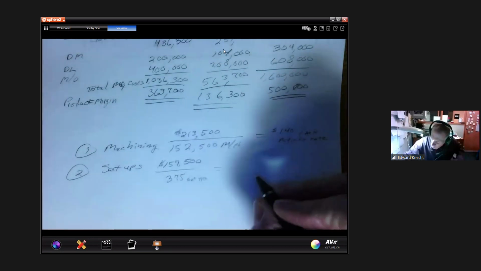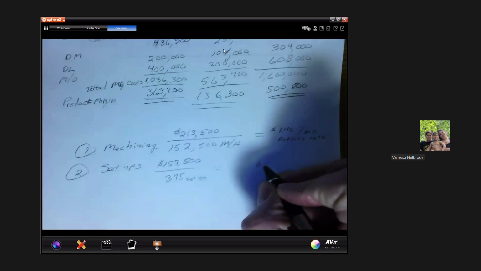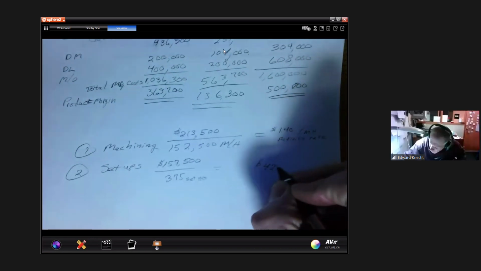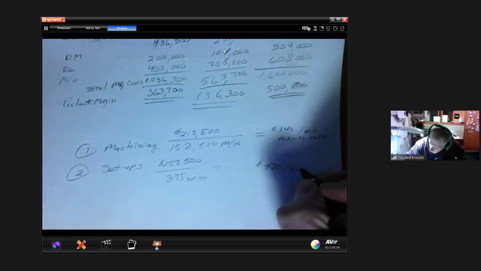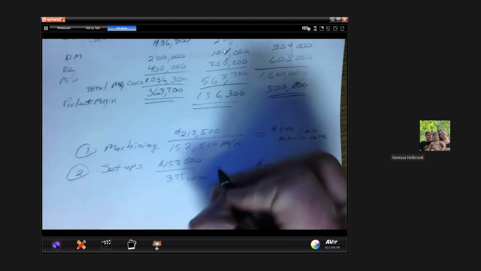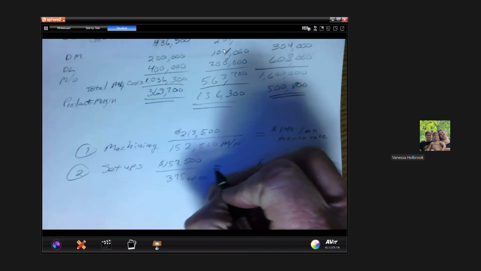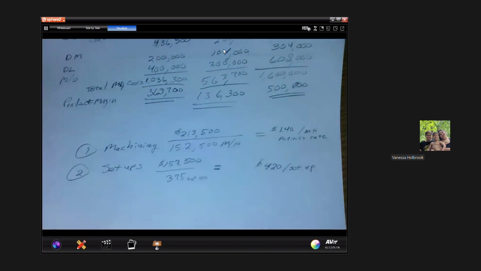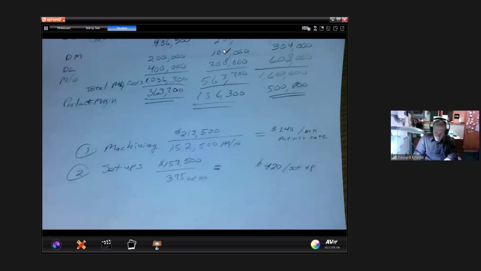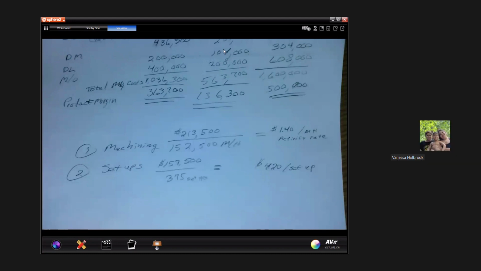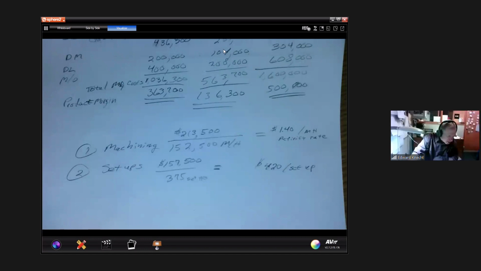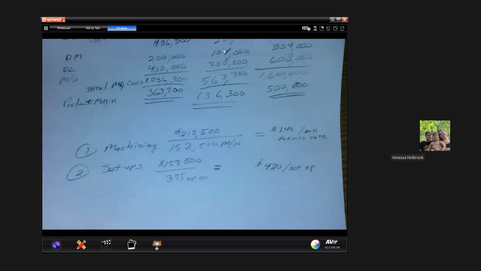Did you get 420 per setup? $420 per setup. So then it would be 420 times 75, which will give you 31,500. And 420 times 300 is going to give you 126,000. Wow. Is everybody following?